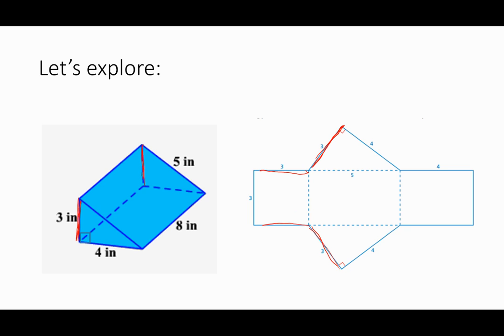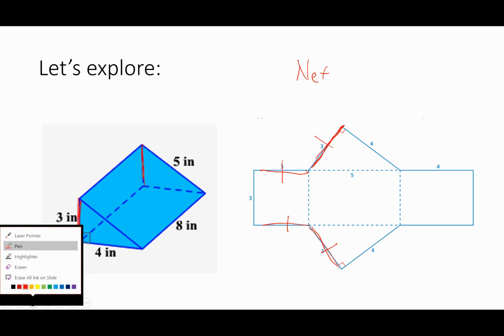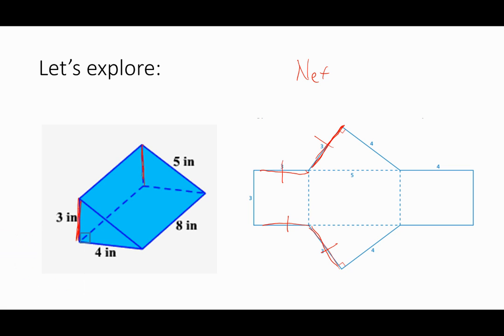So when we fold this back up into this net, this is called a net, these two sides have to match up. So we can say that this side, this side, this side, and this side are always going to be the same. If we look at the other, we can use the same process.